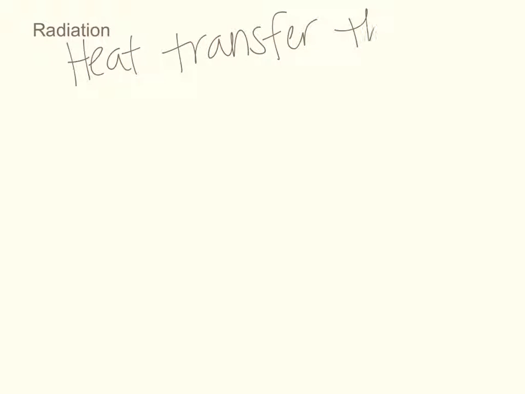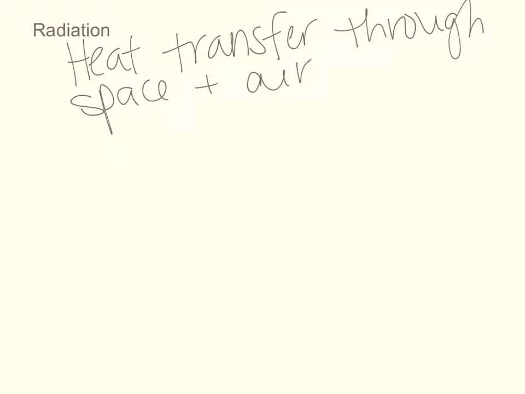All right, my first one here, radiation. Radiation is the heat transfer through space and air. Anytime I'm not touching something but I'm feeling heat, like on a hot day, if the sun's shining on me and I feel really warm, that's radiation.